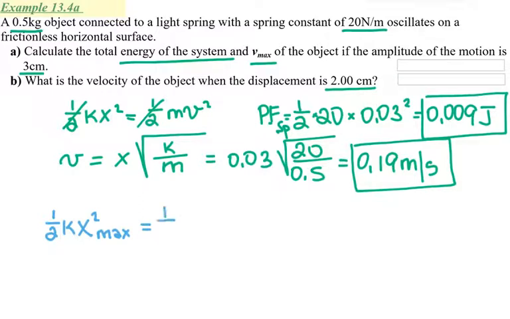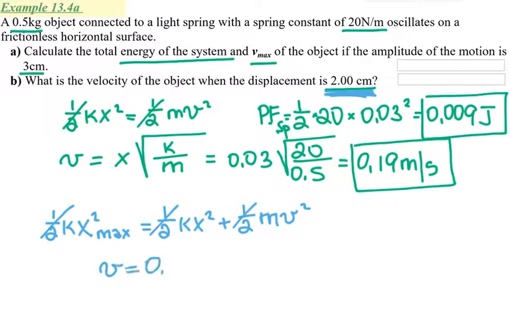So I have potential energy of the spring, kx squared, and this x is the one that is 2 centimeters, and then plus kinetic energy of the mass, which is 1/2 mv squared. They all have 1/2, so I can cancel 1/2. And if I plug in the numbers and solve, the velocity is going to be equal to 0.14 meters per second.